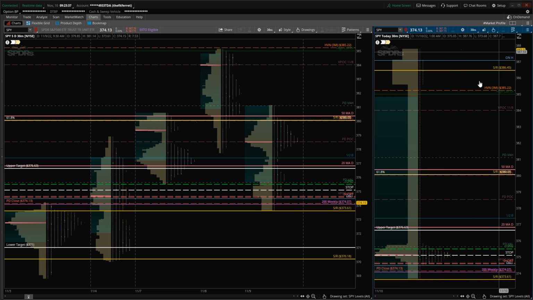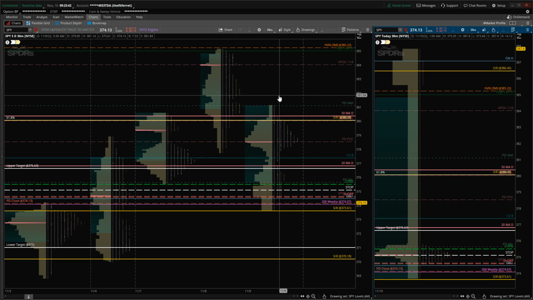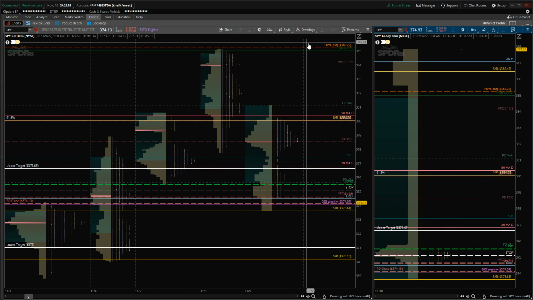So, what I wanted to do for you guys is set up a market profile chart in which you could see the overnight session in a market profile, but we could also see the previous profiles as well.